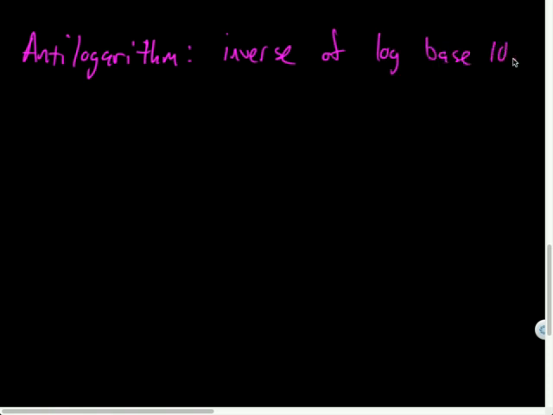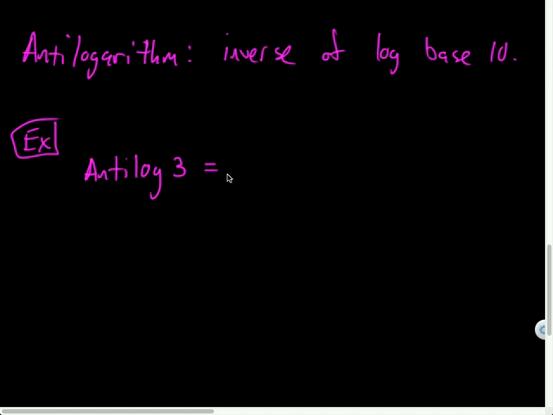So if I wanted to calculate the antilog of 3, that is asking what is the inverse of log base 10 of 3. Now, what was a logarithmic function the inverse of originally?